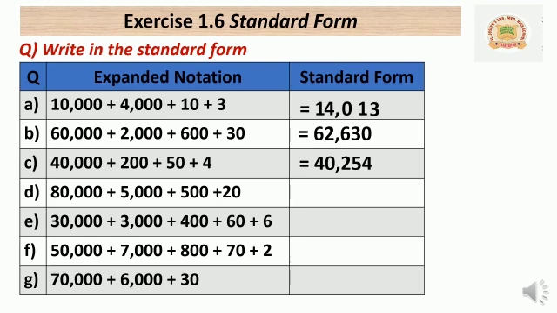Now let us write the D question. 80,000 plus 5,000 plus 500 plus 20. So 85,520. Now E question. 30,000 plus 3,000 plus 400 plus 60 plus 6 is equal to 33,466.